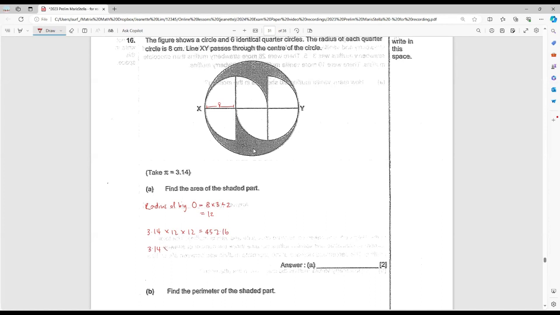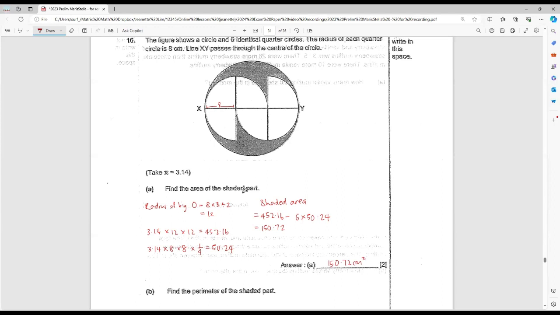So pi times 8 times 8 times 1/4, 50.24. Then the shaded area will be the whole circle, 452.16, minus of 6 times of the quadrants, because there are 6 quadrants. So this will be 150.72. Okay, so 150.72 square cm is the shaded area.